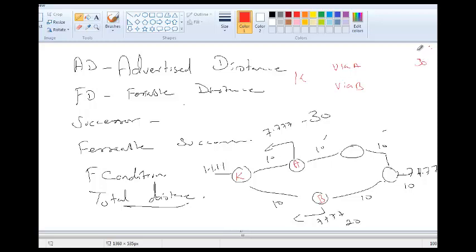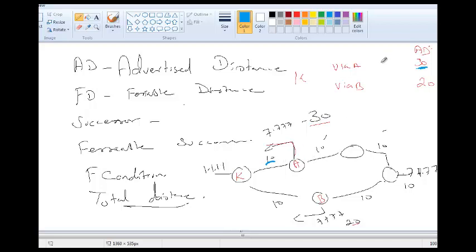This is what is called advertised distance, because it is advertising, no? A is telling me it's 30. B is saying for me it is 20. That is why we call it advertised distance. It's coming through the advertisement. But is that the metric for K? No. The metric for K is this 30 plus this 10.